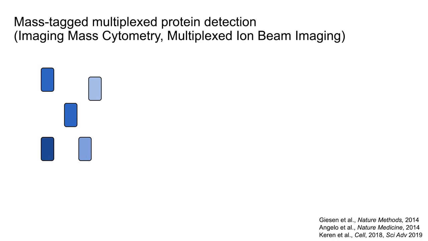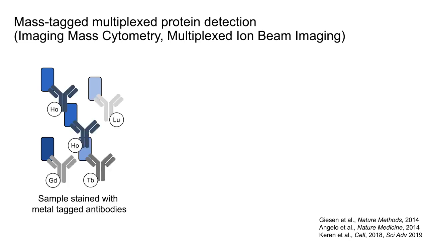And the approach that all of the multiplexed proteomics tools have taken is to detect them with a variety of antibodies specific against each particular species, which are then tagged in a variety of different ways.